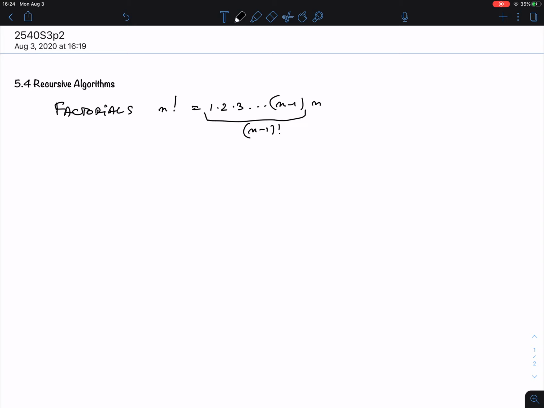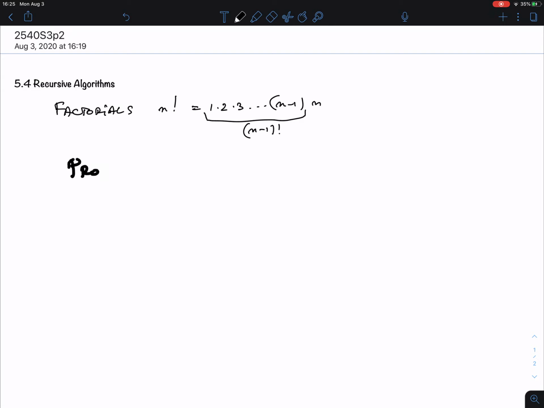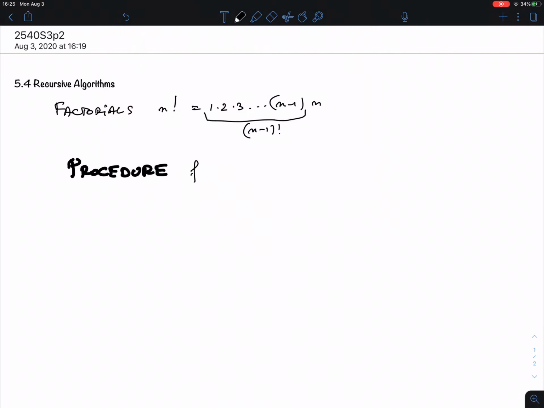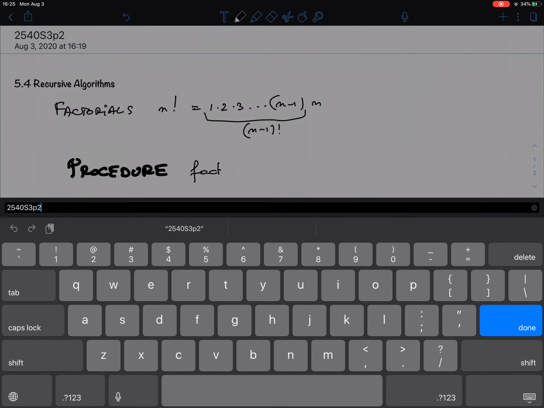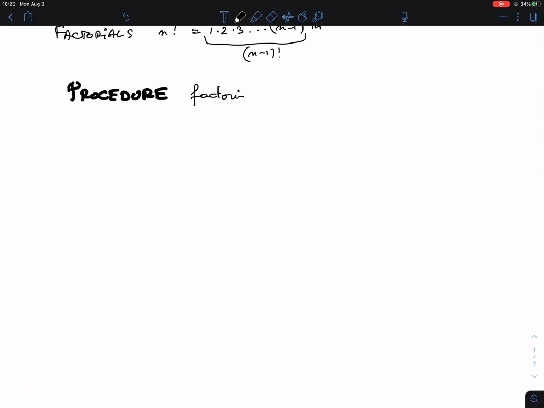Okay, so let me right away give you the algorithm, and then we can discuss a little bit why it's recursive. So the procedure, let's call it factorial, and it just applies to a single element n, a non-negative integer, say.